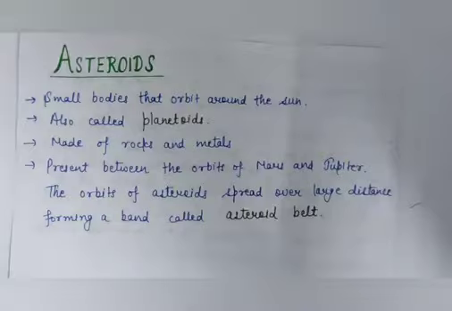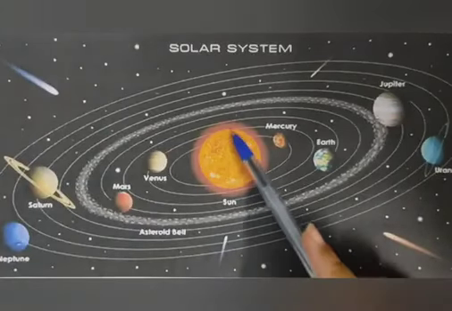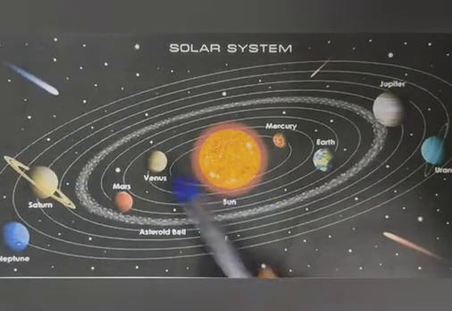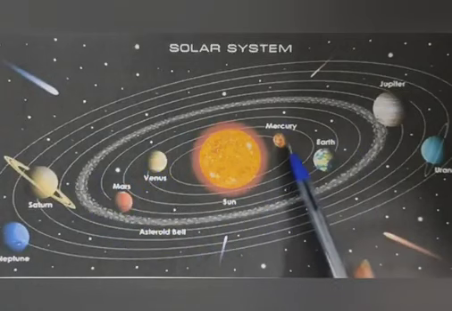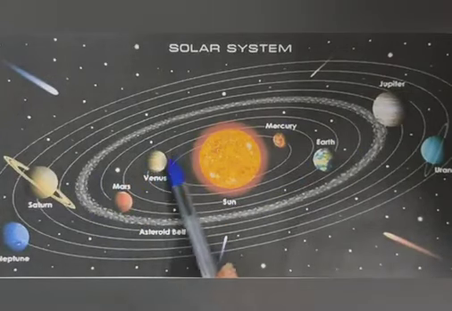This is our solar system. At the center there is a sun, and 8 planets revolve around the sun. First is Mercury, then Venus, in this orbit.